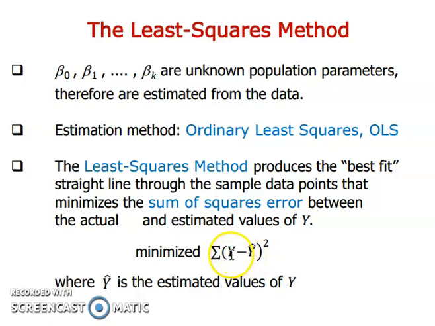You take the difference, and this is the error, and then you square it, because the error will always have positive and negative values. So you square it, sum it, and then minimize this summation.